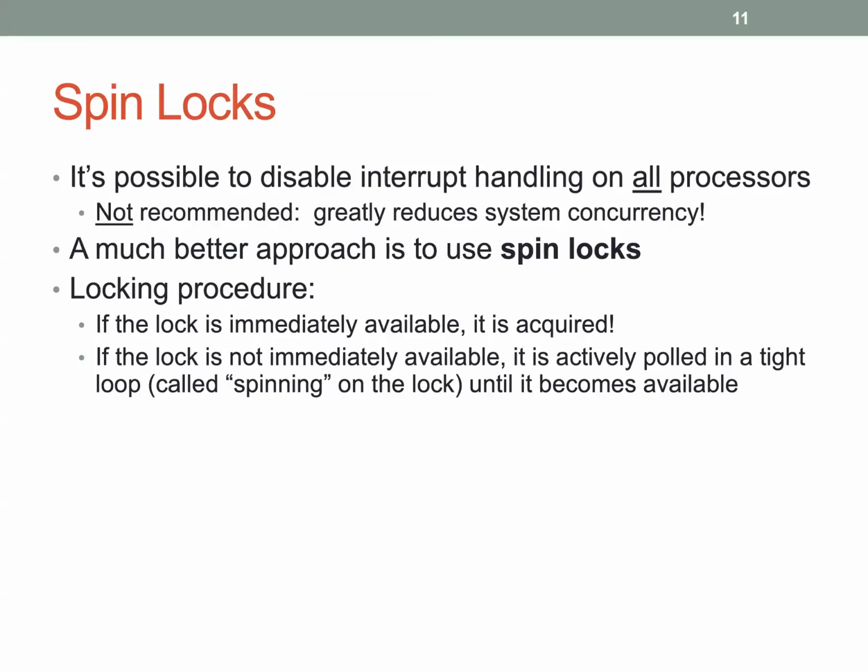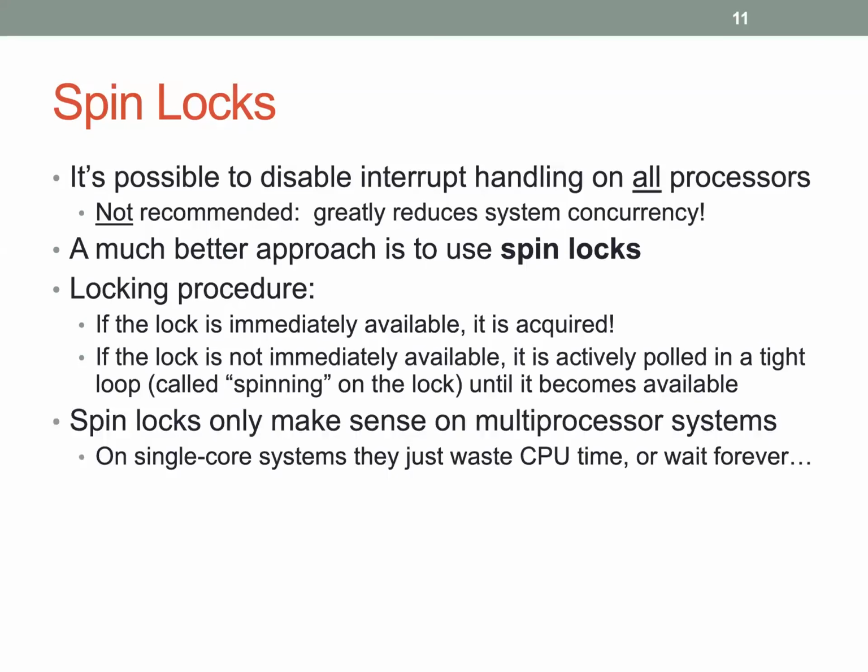You actually spin in a loop, checking periodically if the lock is now available. That's why it's called a spinlock, because people who try to acquire it will spin on it until it becomes available. Now, spinlocks should only ever be used if you have a multi-core system or multiple processors that are executing. You have to have true parallelism for a spinlock to make any sense.